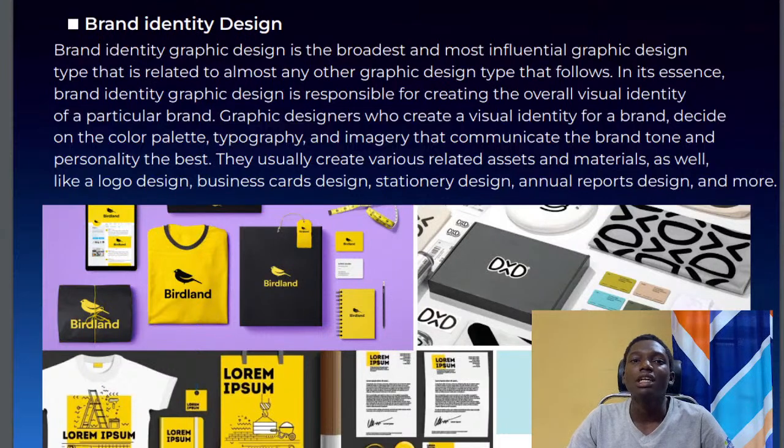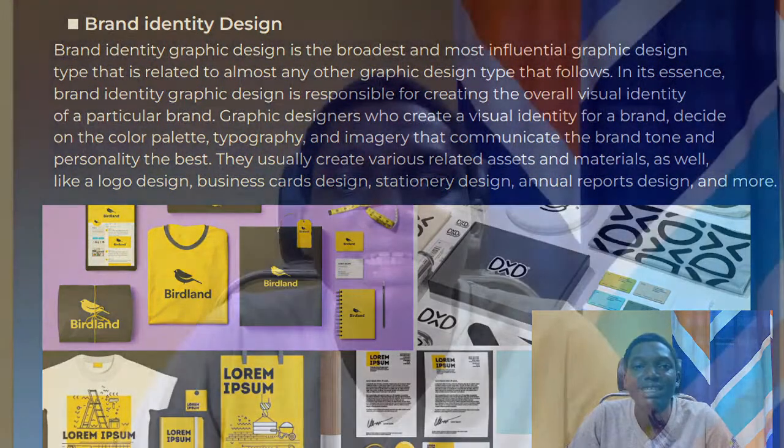When we look at Twitter, we will notice that if Elon Musk reaches out to a designer and tells the person we need a brand identity design, what he's trying to say in essence is not a specific type of design.